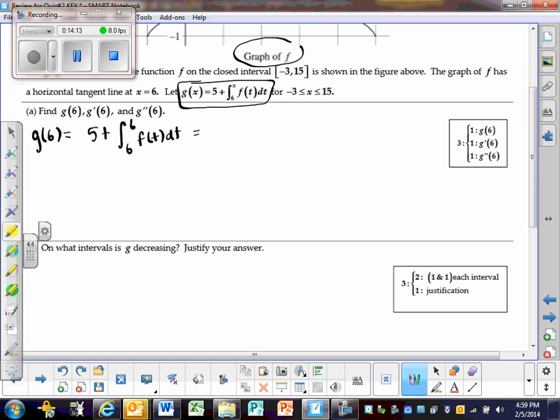So that means that I have 5 plus the integral from 6 to 6, which is just 0, so we have 5. There are no units, therefore you should not make up units.